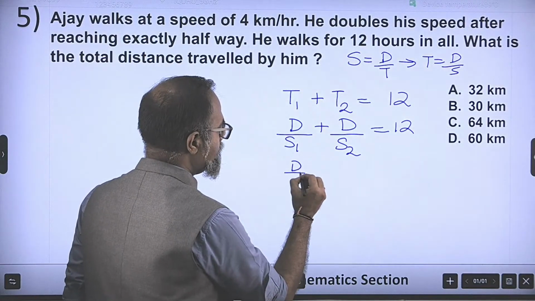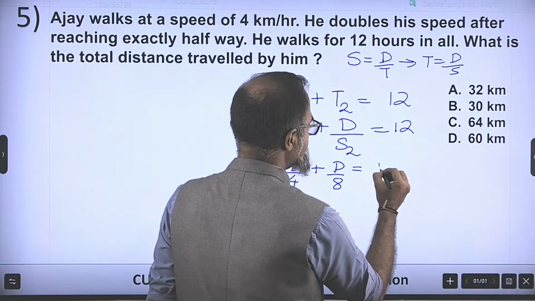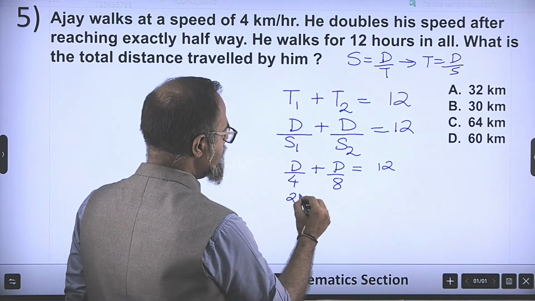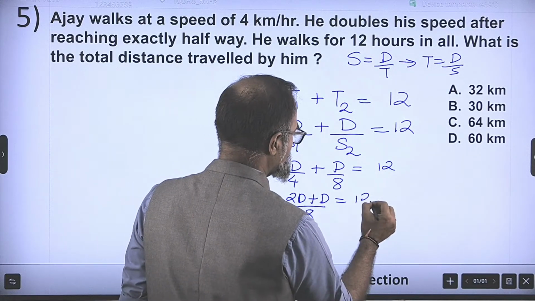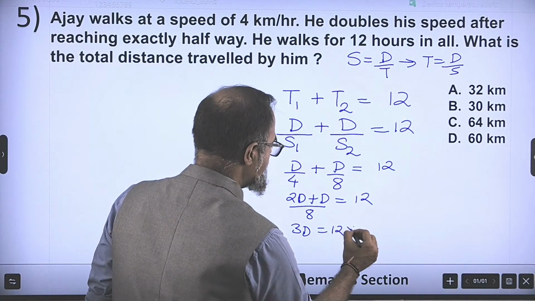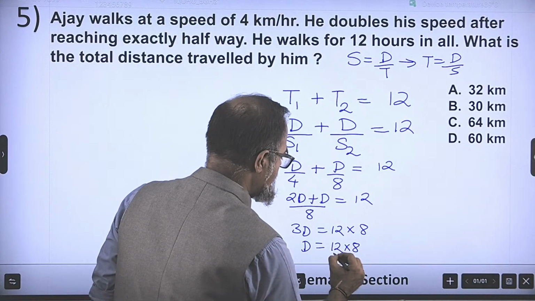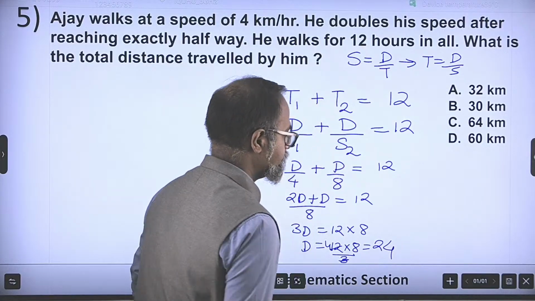So d upon 4 plus d upon 8 is equal to 12. So now I can write it as 2d upon 8 plus d upon 8, the common 8, is equal to 12. So I get 3d is equal to 12 into 8. So d is equal to 12 into 8 divided by 3, which is equal to 24.